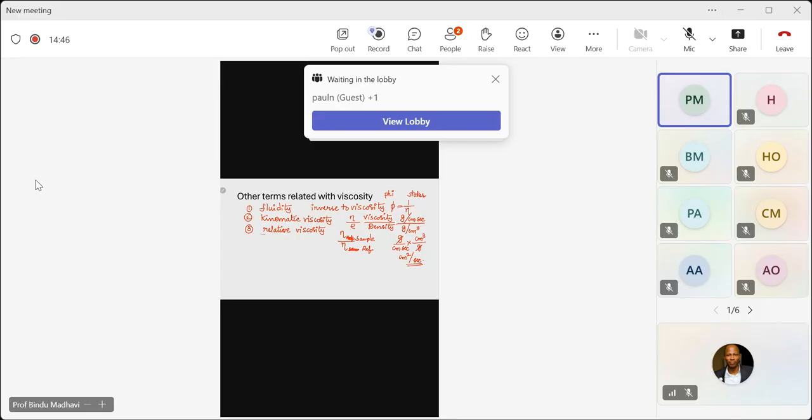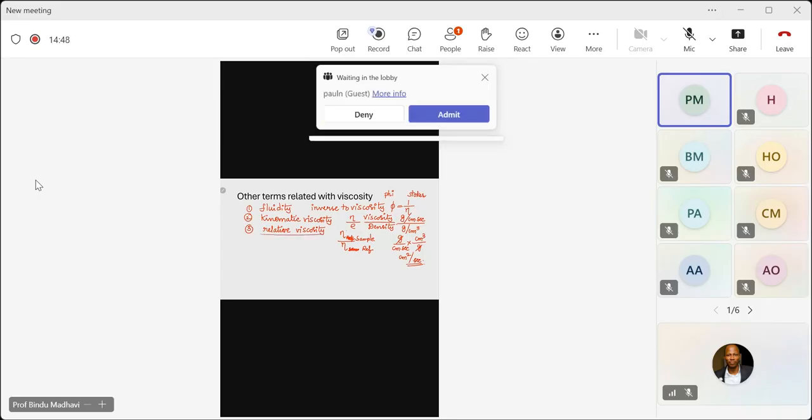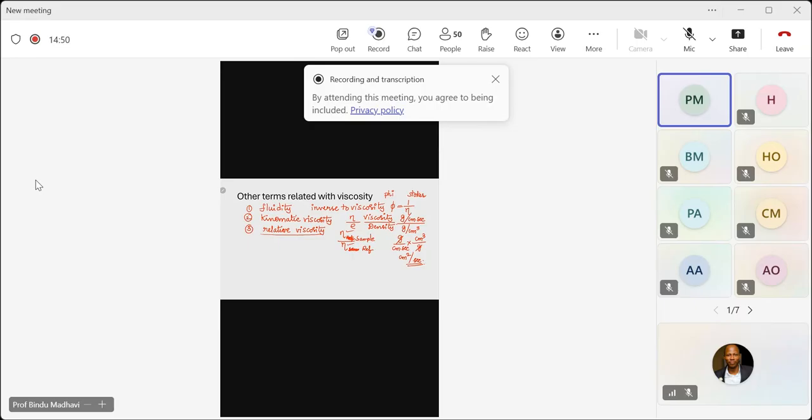For relative viscosity, we don't have any units because on the top and the bottom we have the same terms, viscosity. So there are no units for the relative viscosity. So these are the other three terms which are related with the viscosity: fluidity, kinematic viscosity, and relative viscosity.